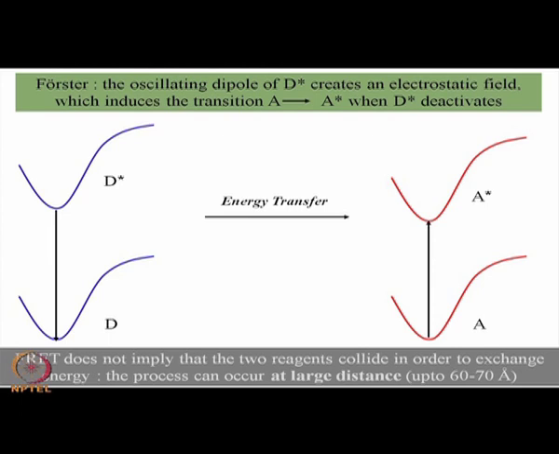So, that is the basic idea: the oscillating dipole induces an electrostatic field over here, and it is basically a coupled transition. You think of a coupled oscillator, or a coupled pendulum, where you allow one pendulum to start oscillating, and if there is a coupling mechanism, then the oscillation will slowly get transferred to the other.